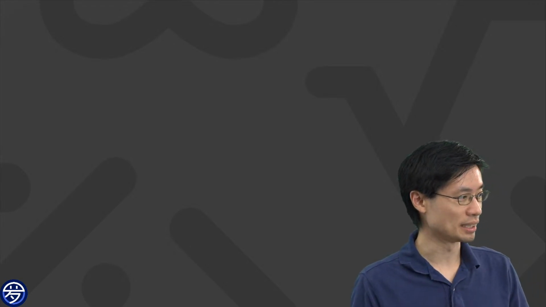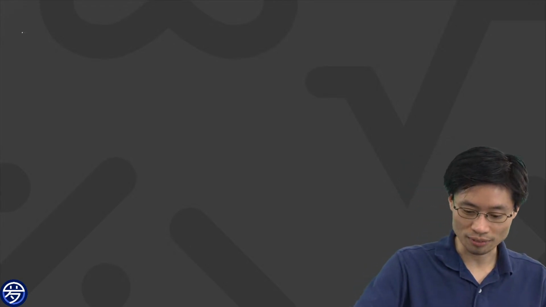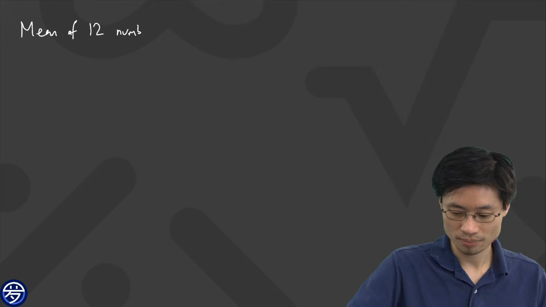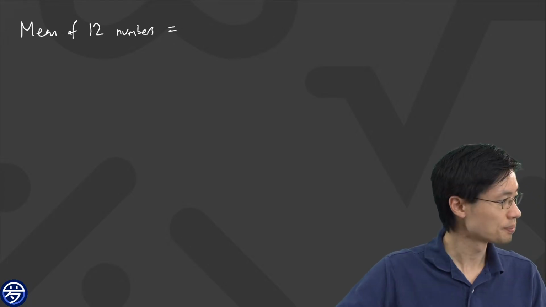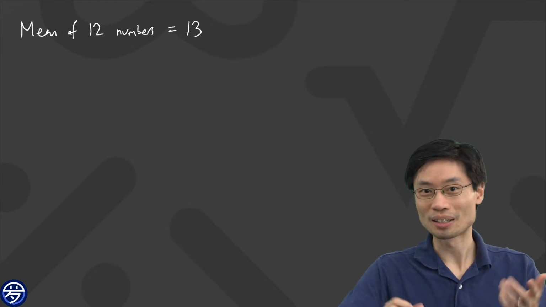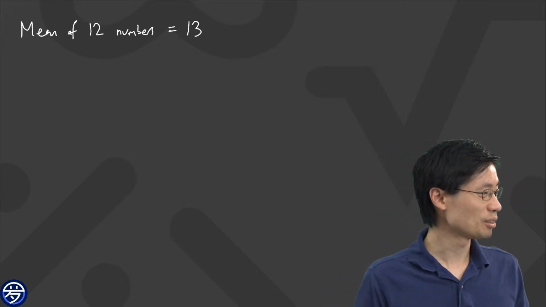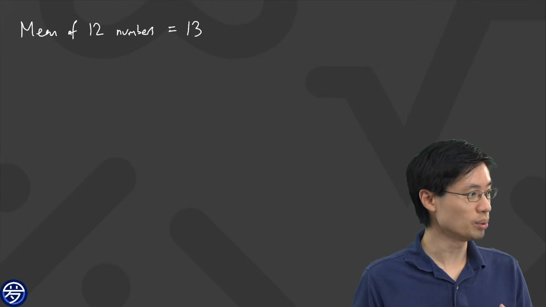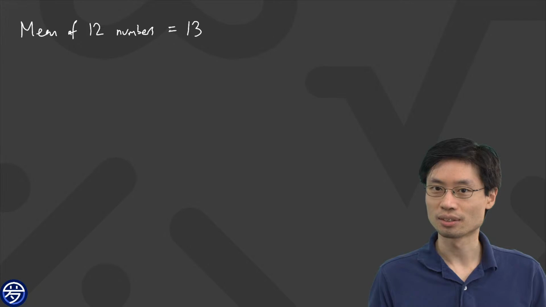So Daksh Gupta says, the mean of a list of 12 numbers is equal to 13. So the mean of 12 things is 13. And also, what else do we know? Oh, there are modes. The modes are A, B, C, and D. That's interesting.